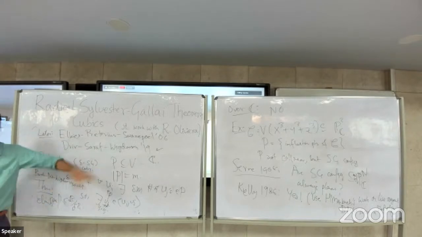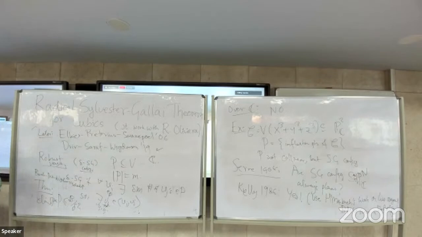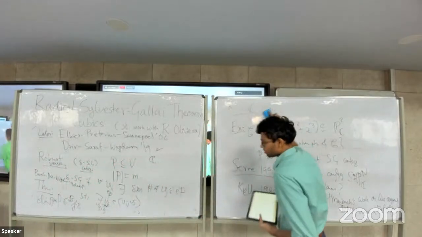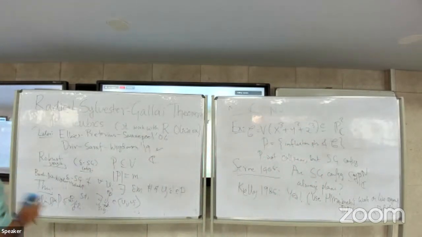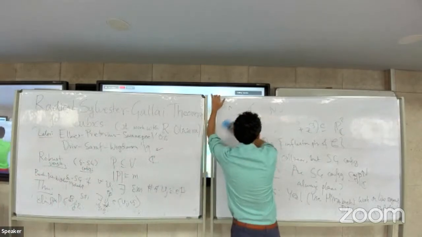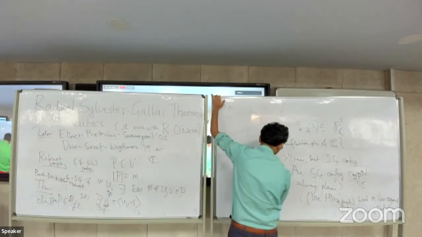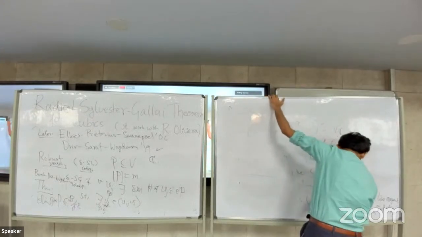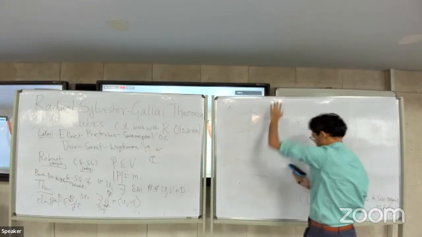Essentially we can bound the dimension of a Sylvester-Gallai configuration. Earlier they had to be coplanar, now they can have at most this much dimension. So this is the theme of these Sylvester-Gallai configurations: they are always low dimensional, or we expect them to be low dimensional.